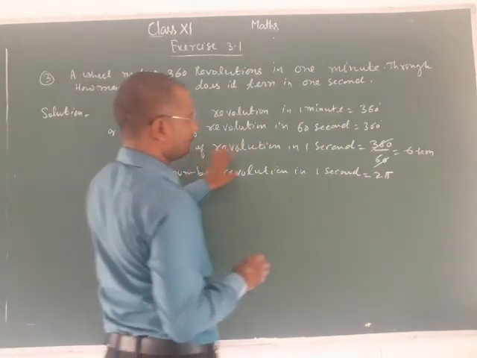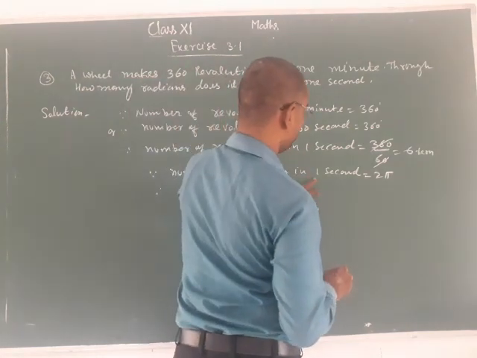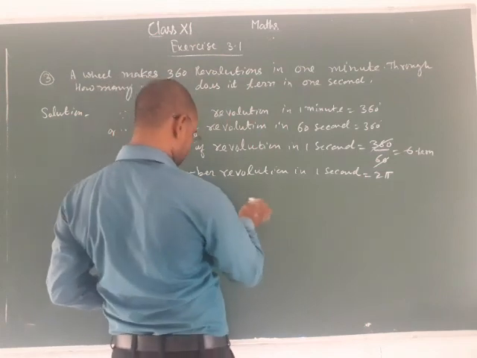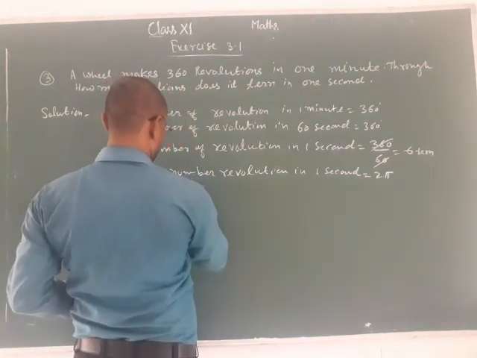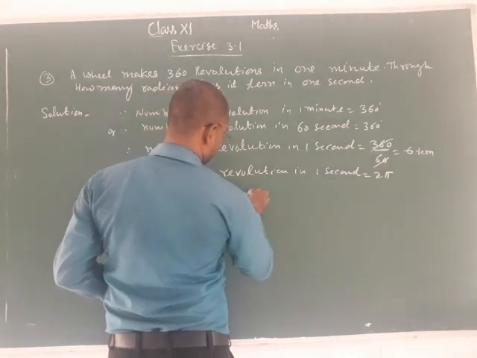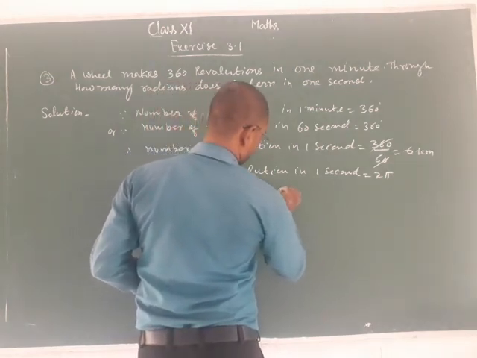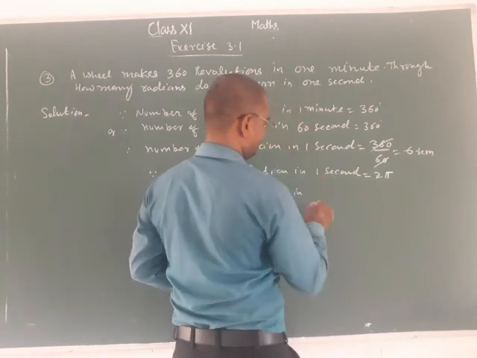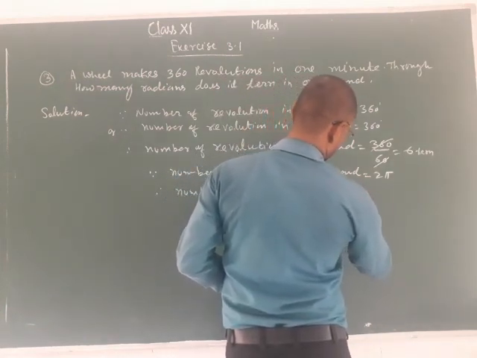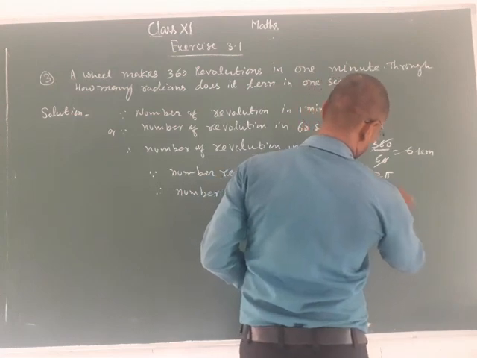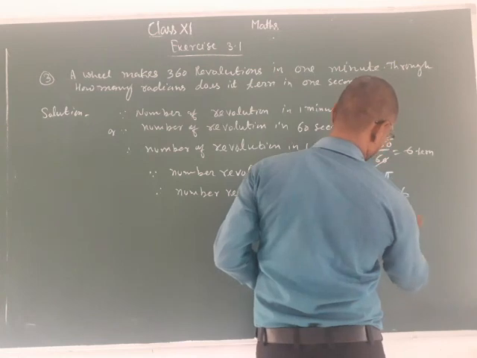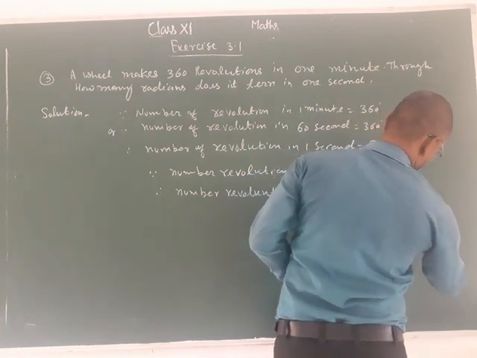Therefore the number of revolutions in 1 second is 6 turns, so 2 pi into 6 is equal to 12 pi radian.